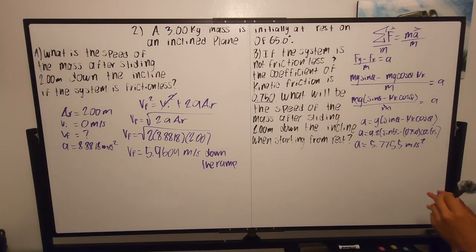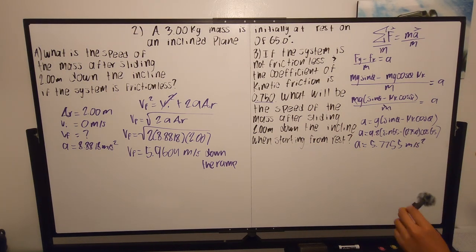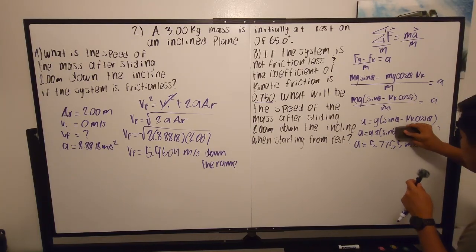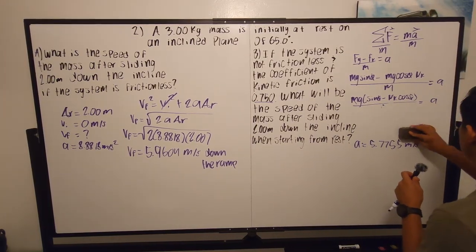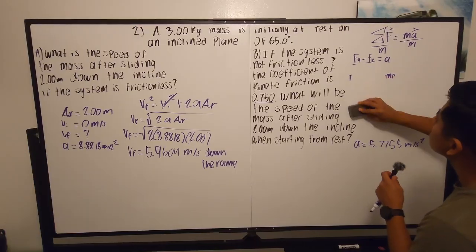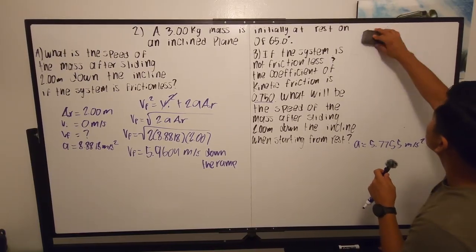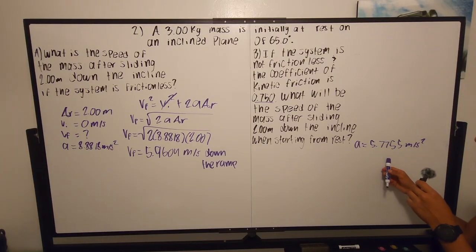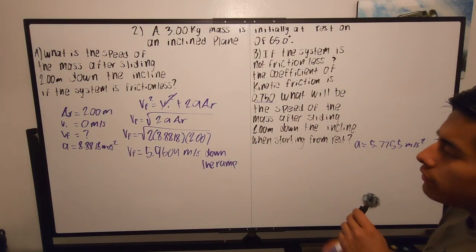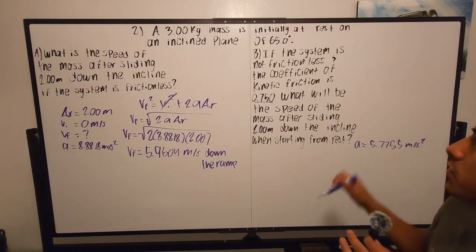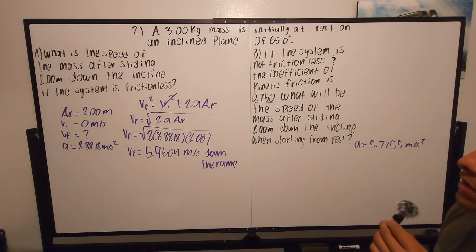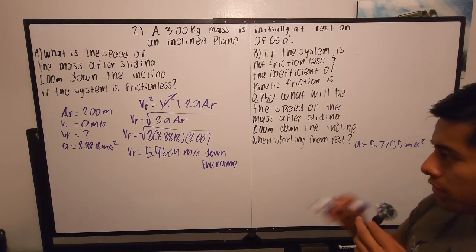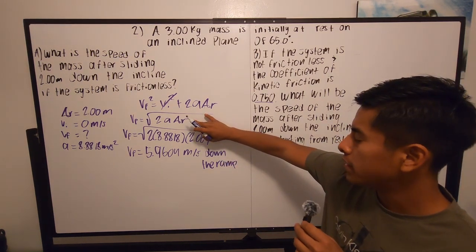And now here we are just going to do the same thing that we did over here with the kinematics. So what we really care about is the acceleration. So I'll go ahead and erase all of this. Okay, so we know that this is our new acceleration. Our velocity final is what we're trying to look for. Our velocity initial is still going to be 0, and our displacement is still going to be 2 meters down the ramp. So I'm going to use the same equation, the same formula.